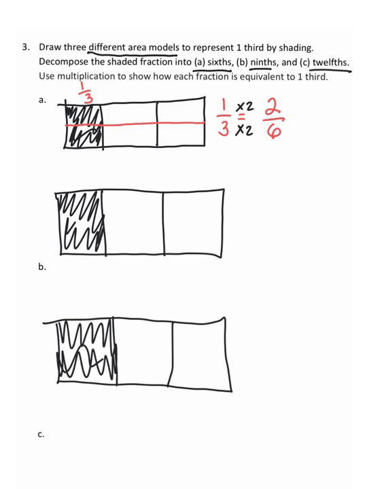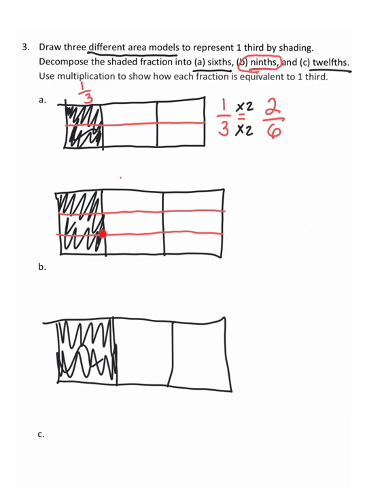Now I'm going to do the same thing for letter B, but this one wants us to do the 9ths. So we have to make this into 9. Okay, so I'm going to cut this in, oops, change my color. I'm going to cut this into 3 rows. And now let's see if we got 9. 1, 2, 3, 4, 5, 6, 7, 8, 9. I got my 9ths.